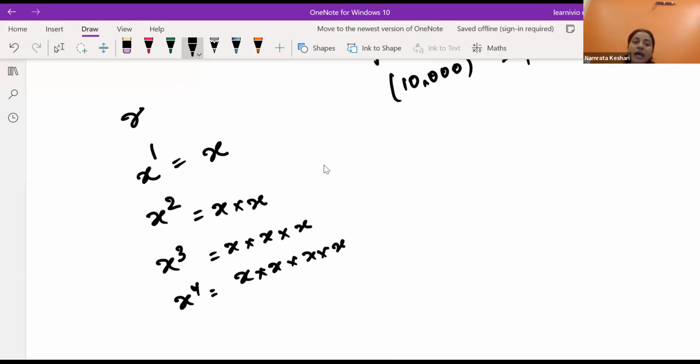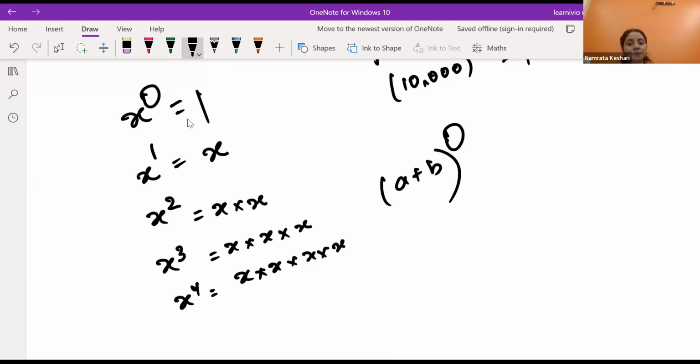And if we have x to the power 0, that means just 1. Getting it? So anything having power 0 is 1. a plus b whole to the power 0 is 1. Any variable, any alphabet, any number to the power 0, that means it doesn't exist.